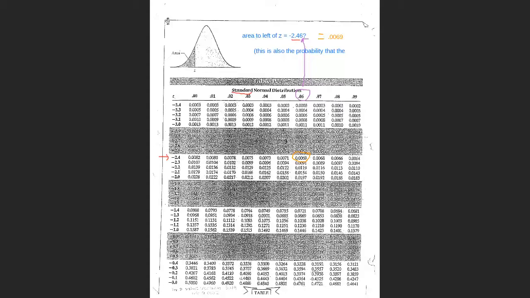And another way we could write that, remember, would be the probability that z is less than negative 2.46.